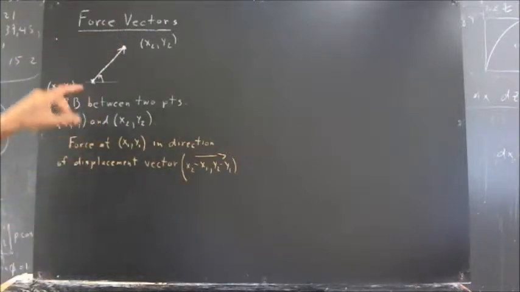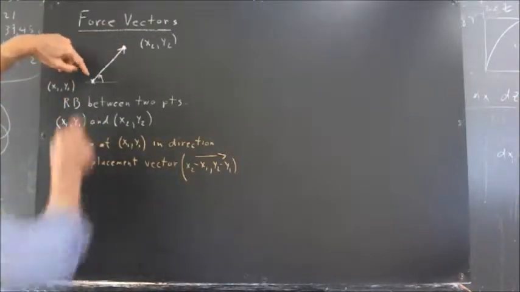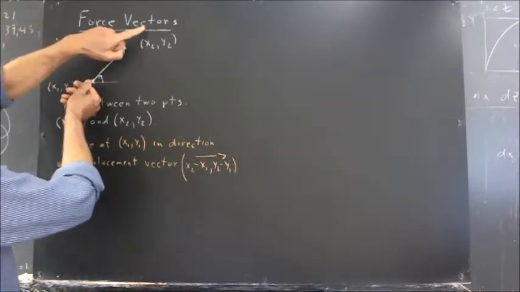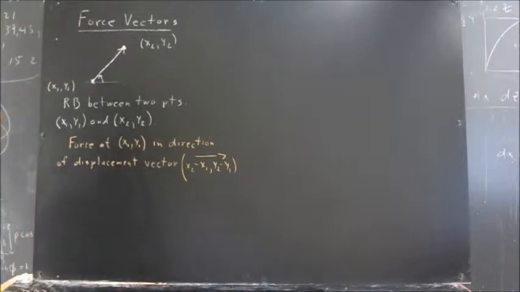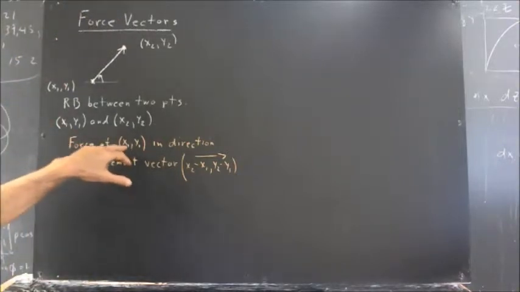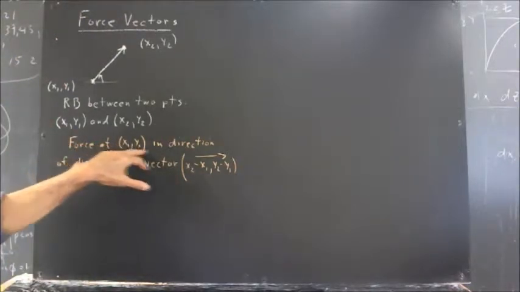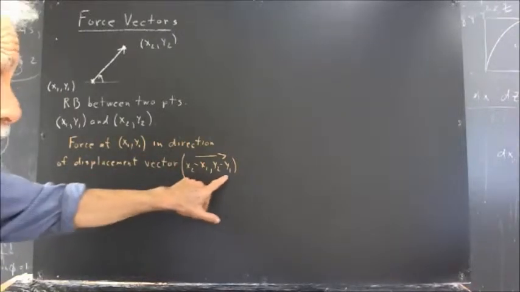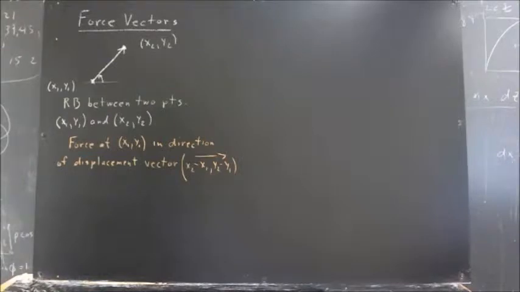So, as we observed, the force on my right hand is in the direction toward this point. So we say that the force exerted at the point x1, y1 is in the direction of the displacement vector x2 minus x1, y2 minus y1. x2 minus x1 being the displacement from here to here, y2 minus y1 from here to here.